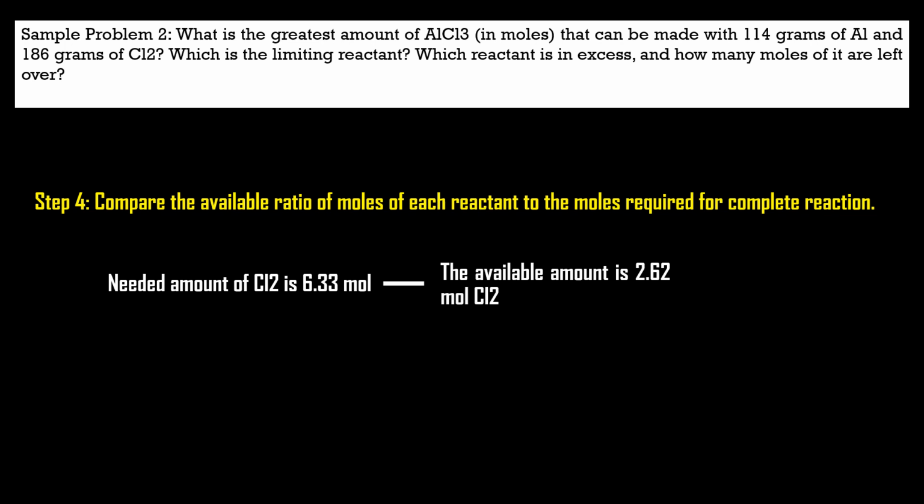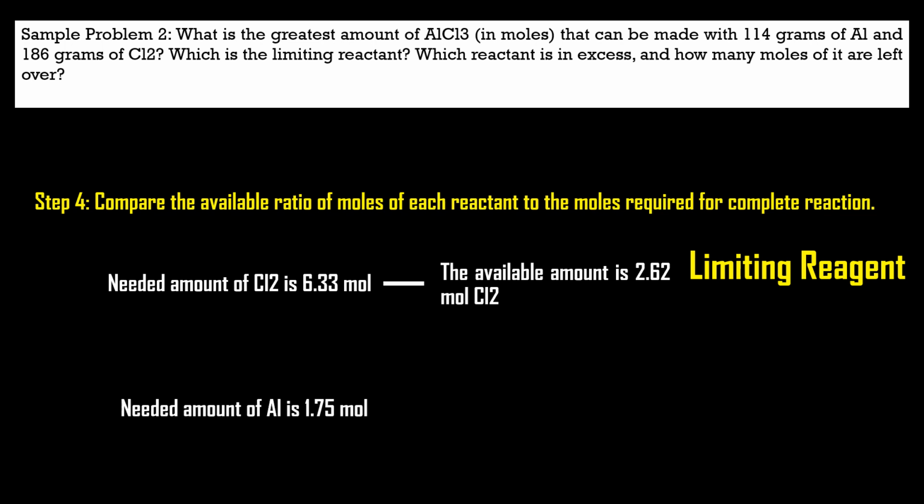The 2.62 moles is actually the converted moles of the grams of Cl2 present in the problem. And since the available amount is lesser than the needed amount, we can say that Cl2 is the limiting reagent or reactant.